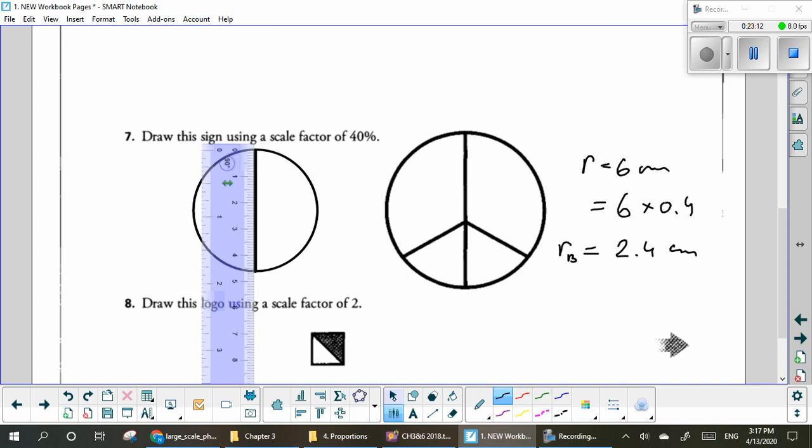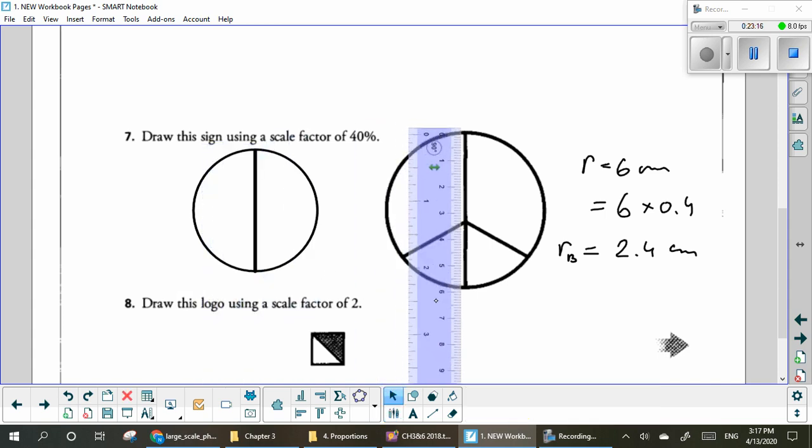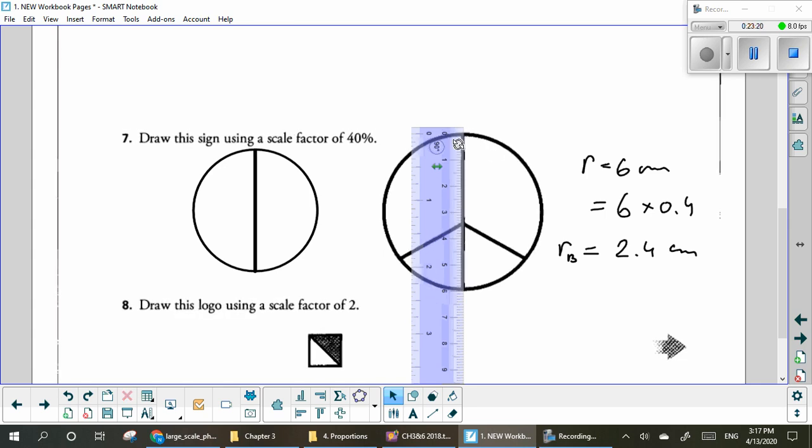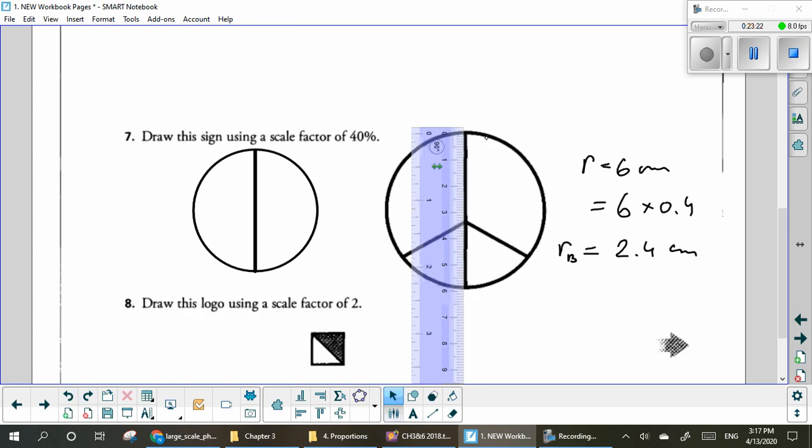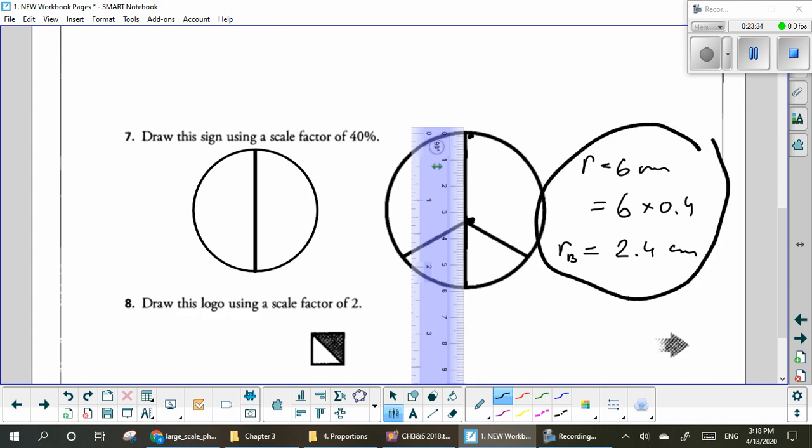And then we can measure how long it is from here to here, and we can make the appropriate adjustment and then do the same thing with these. But I'm not going to spend too much time. The main thing is this part here, this calculation, how we got to the smaller size. All right, moving on.